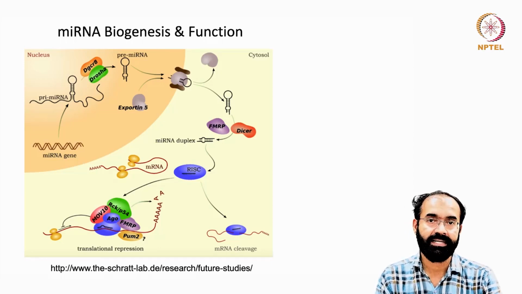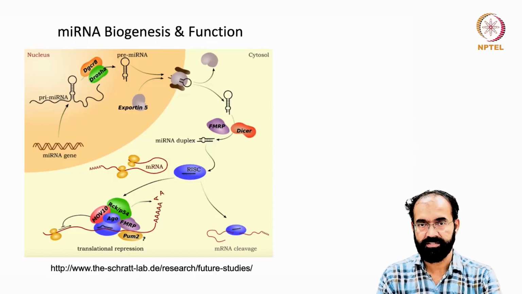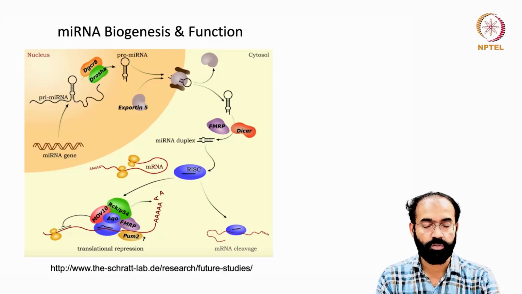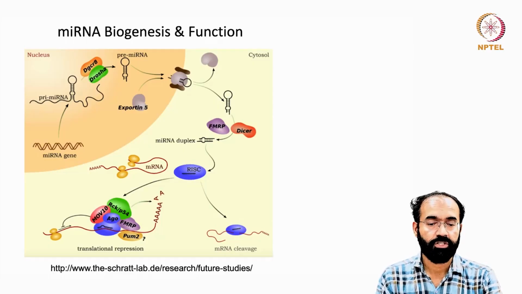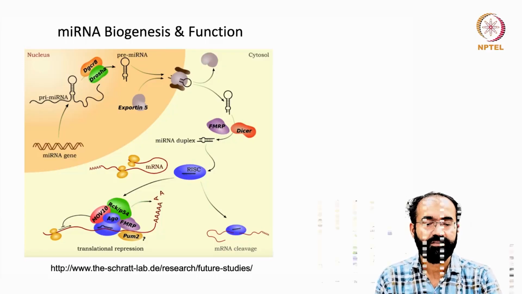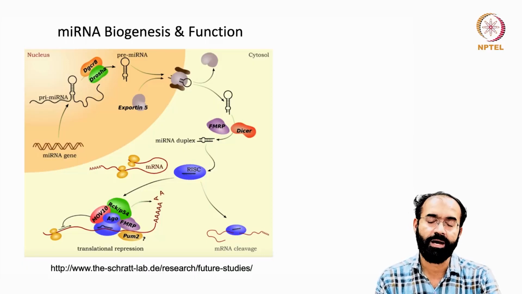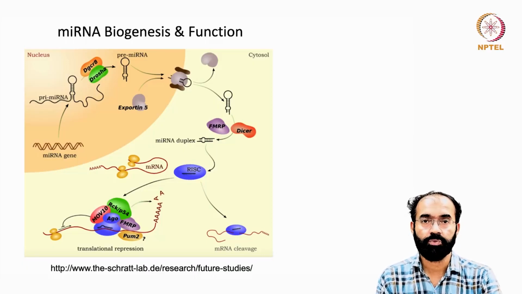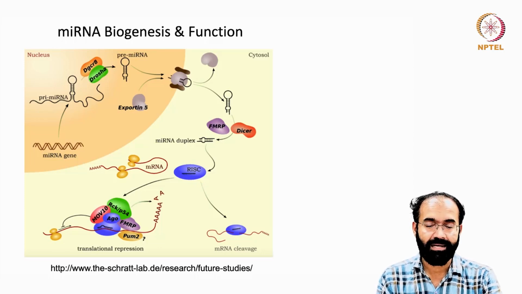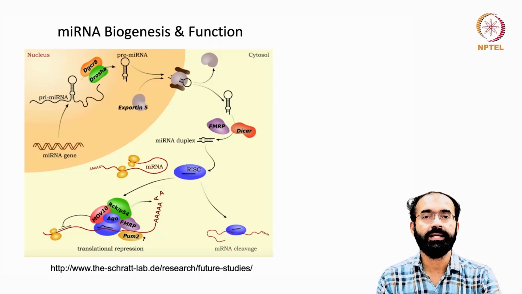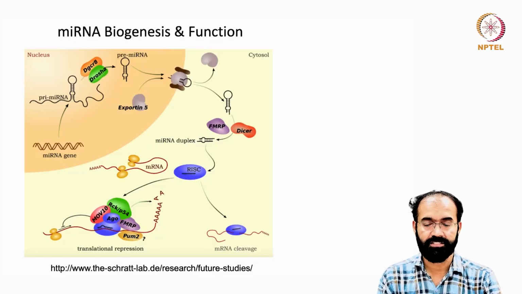We saw in the previous class the microRNA biogenesis and their function, and we know the microRNA has got two major phases. One is their production in the nucleus, in the form of primary microRNA, which is matured through the pre-microRNA by the action of DROSHA and DGCR8 and goes into the cytoplasm, which is further acted upon by Dicer and FMRP, and which can act onto mRNAs and prevent the translatability or affect the stability of this mRNA species.